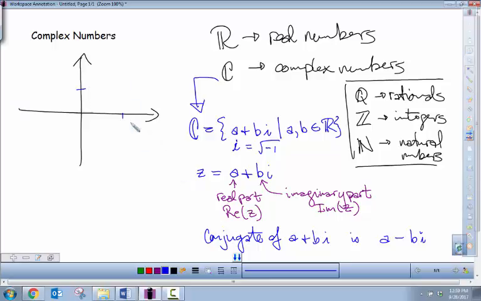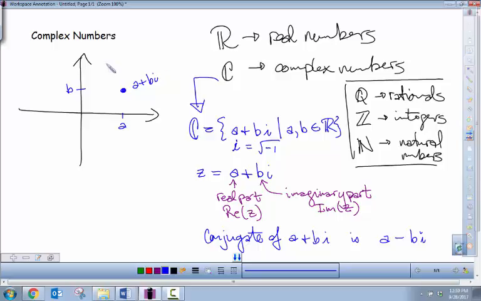So, what I want to get to is the visual or geometric representation of this. And so the magnitude might make a little bit more sense when we're talking about this in terms of the point a plus bi. Because it naturally has two numbers associated with it in a specific order, we can put it in an ordered pair on a plane.